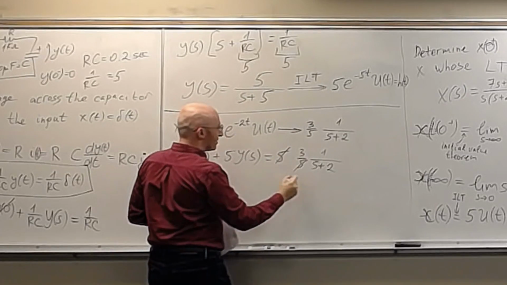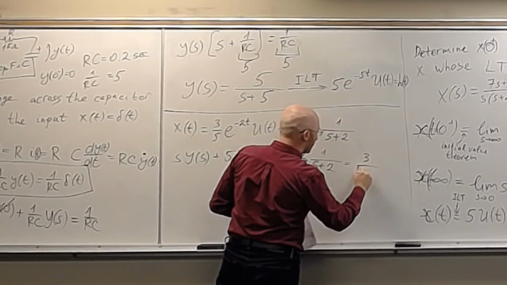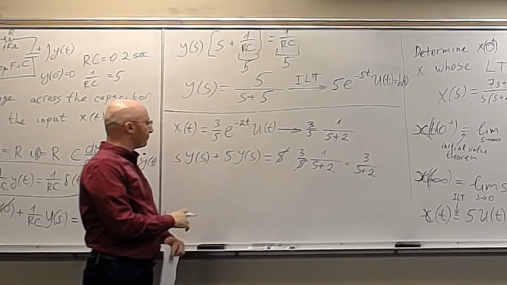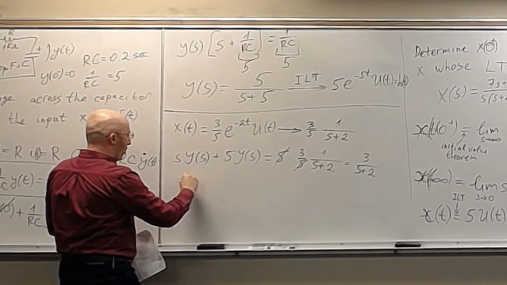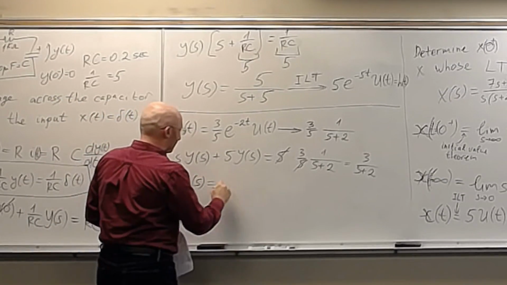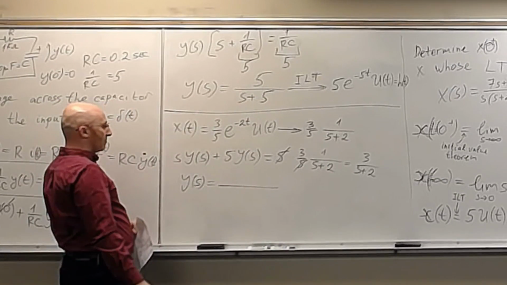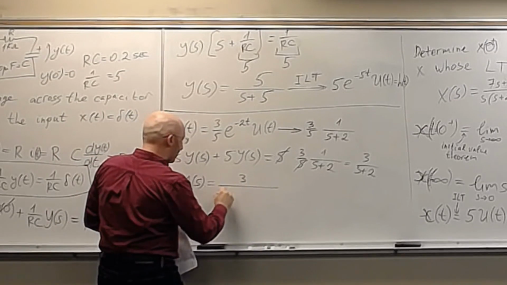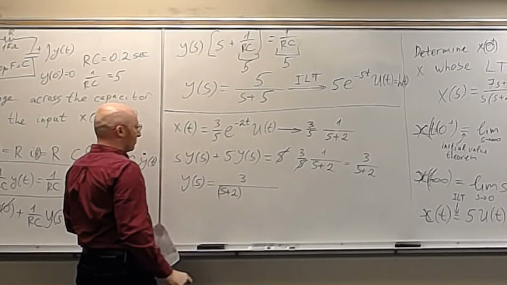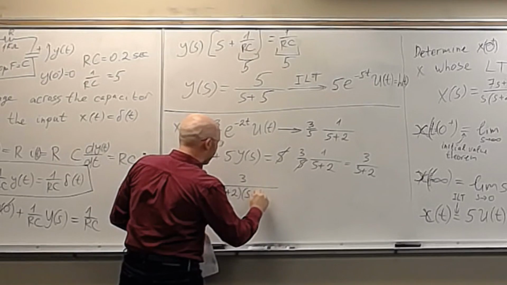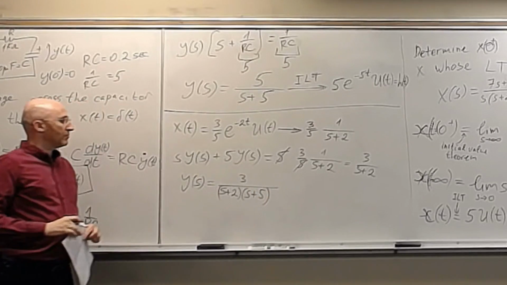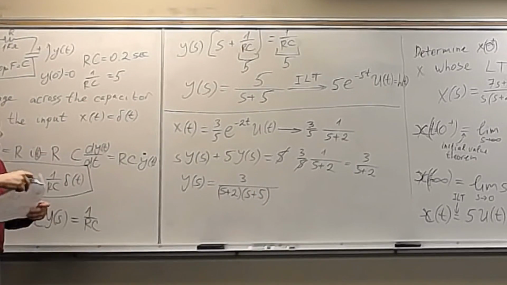So 5 is cancelled, you get 3 over s plus 2. So y of s, again algebra, you'll have 3 over s plus 2, s plus 5. This is what you get.